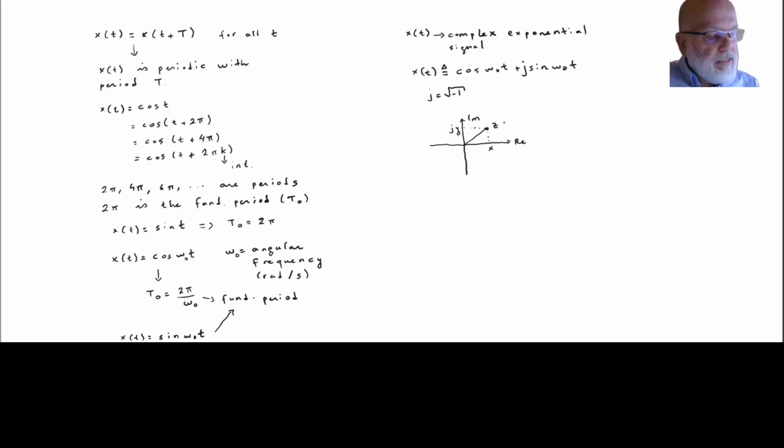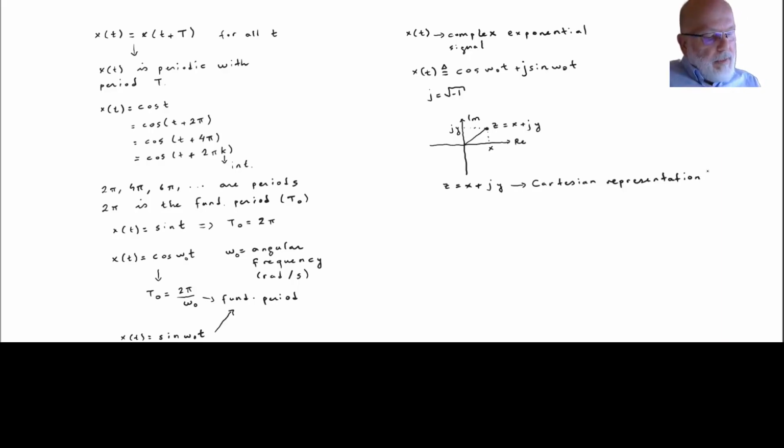So z is equal to x plus jy, the so-called Cartesian representation of the complex number z.